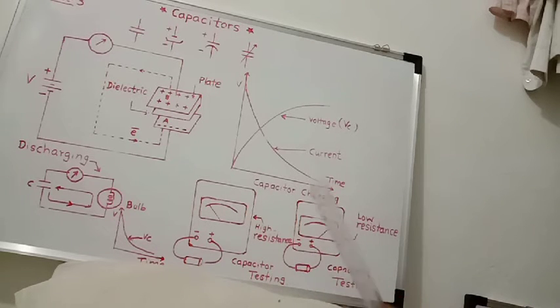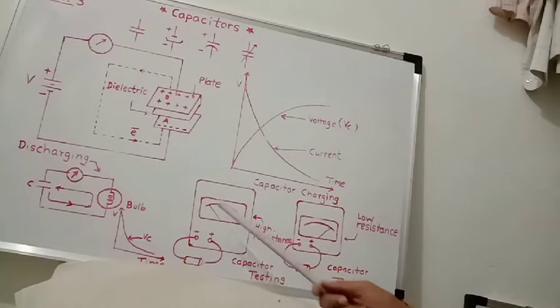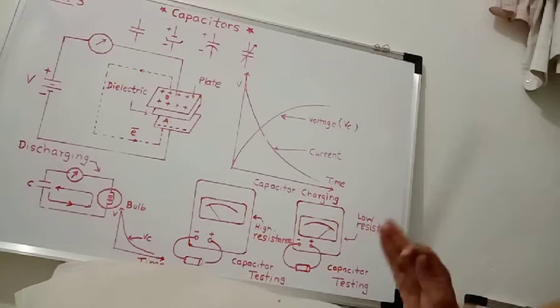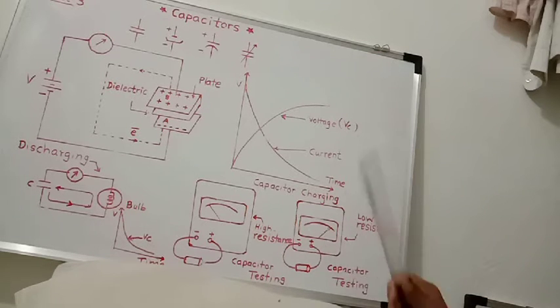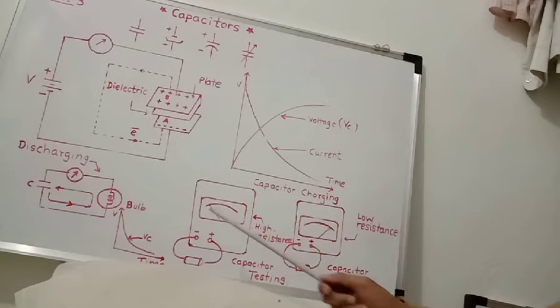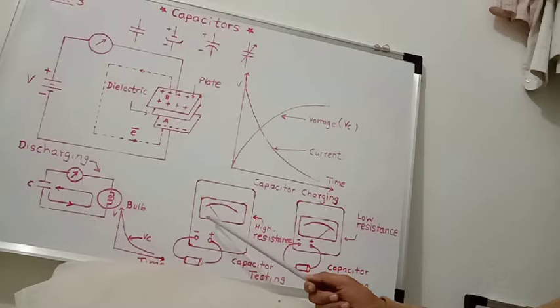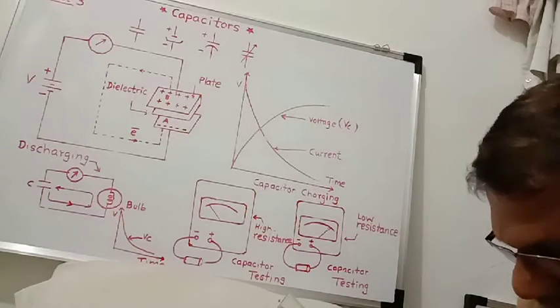Initially the pointer moves in the clockwise direction and then in the anti-clockwise direction. When the pointer stops, we get maximum resistance or high resistance. So this is the method of testing a capacitor.